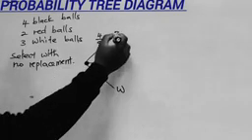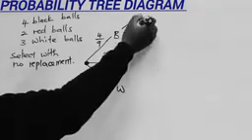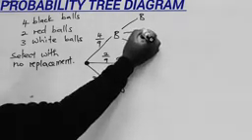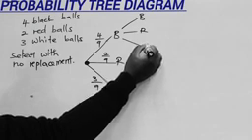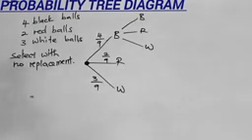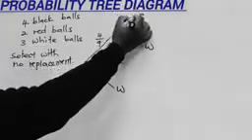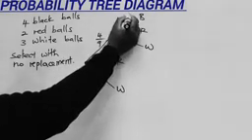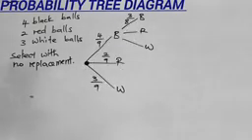Now let's see the second pick. Either you pick a black, a red, or a white. The probability of picking a black ball here, let's say one black ball is gone, so we'll be left with 3 over 8, because one ball is already gone and we're left with 8 balls in the basket.